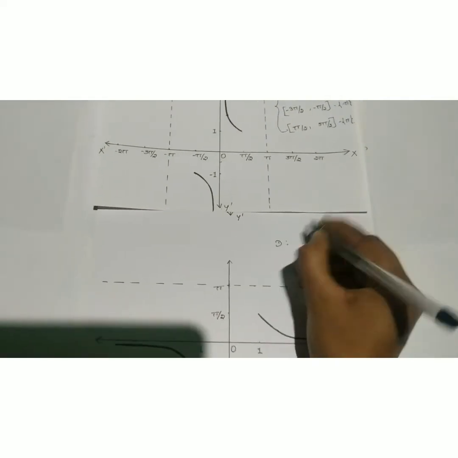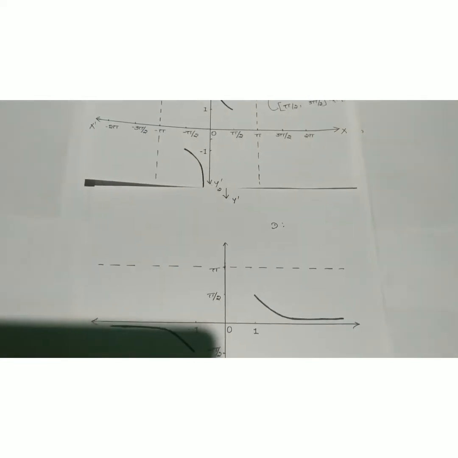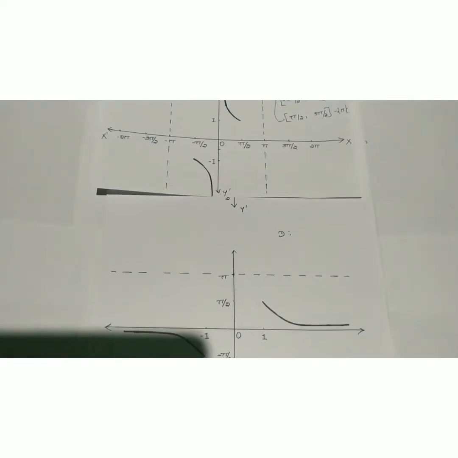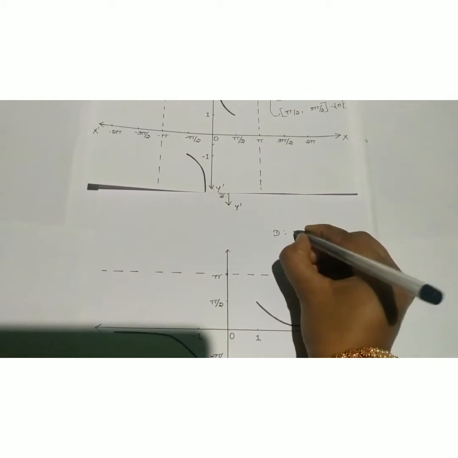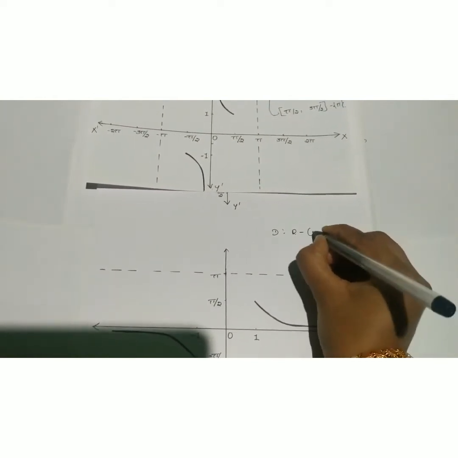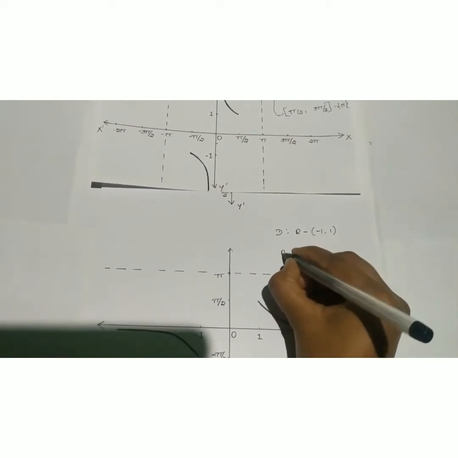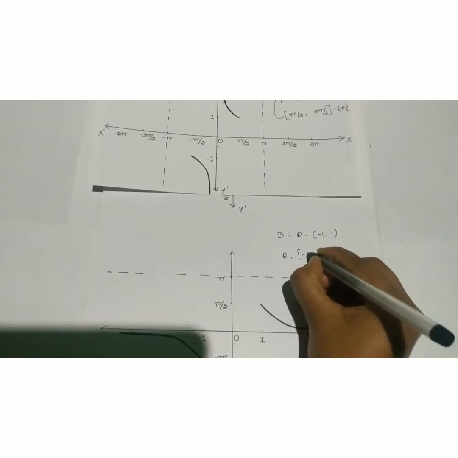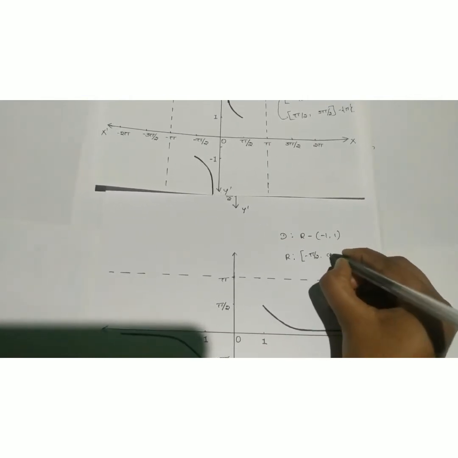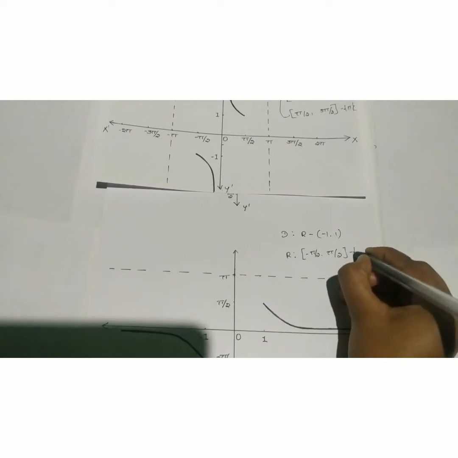So here domain value is all real numbers except minus 1 to 1. Range value is the closed interval minus pi by 2 to pi by 2 except 0.